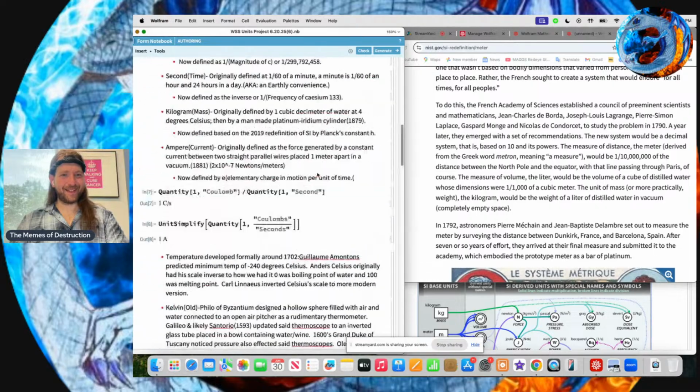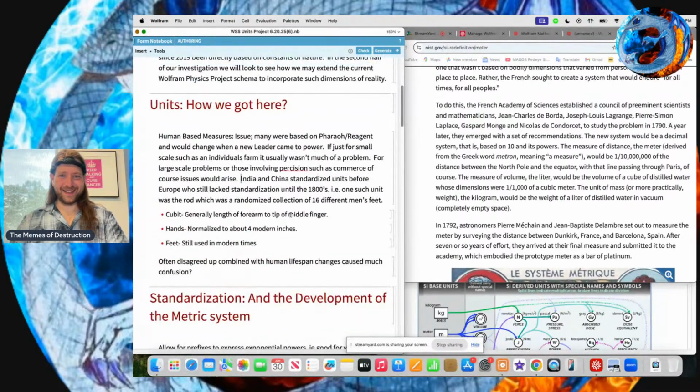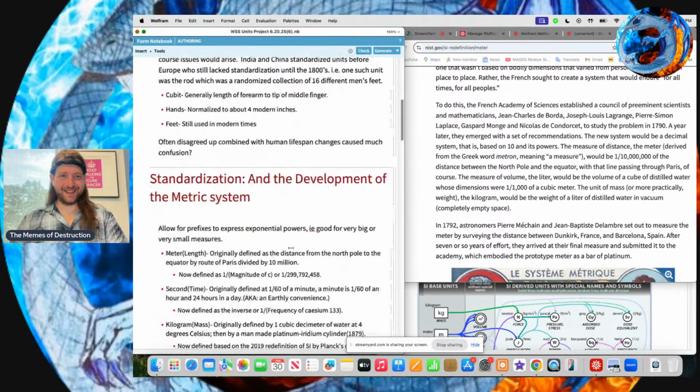Okay, so we had the meter, which was 1/10 millionth.